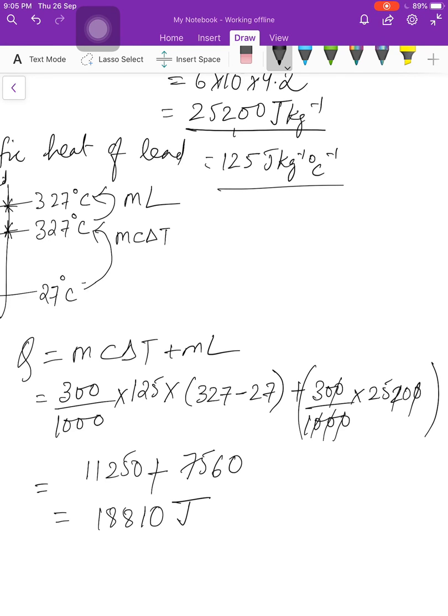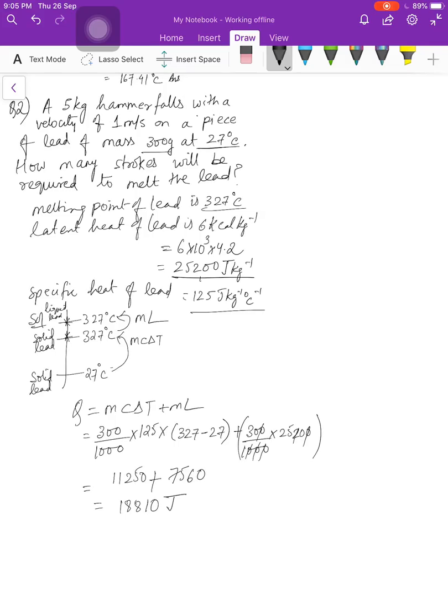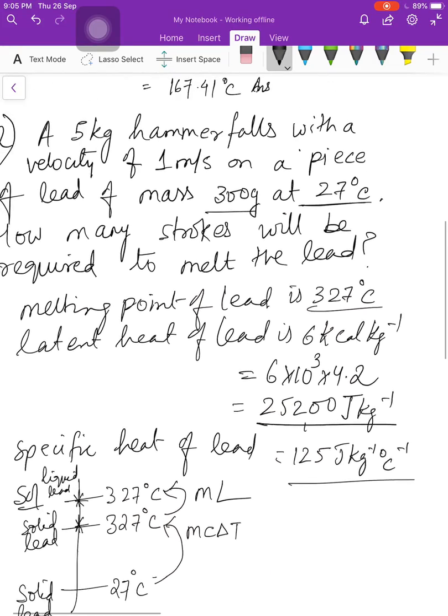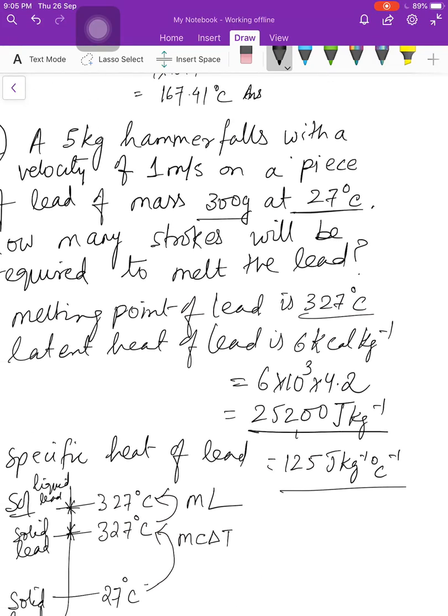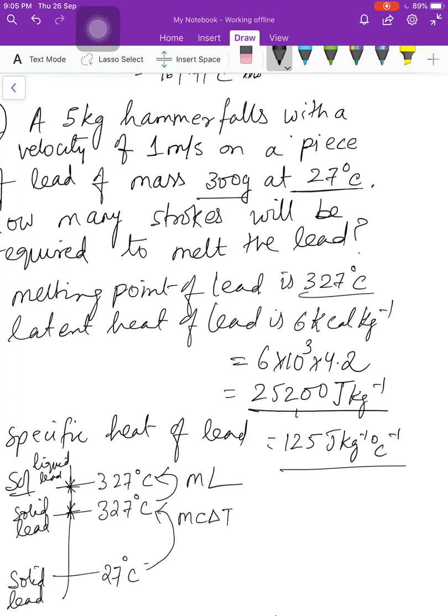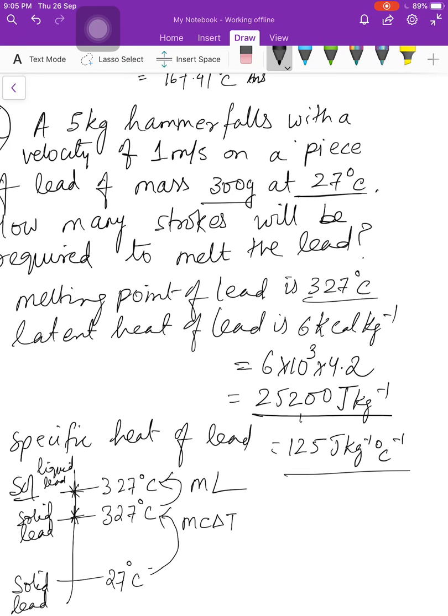From where will this heat come? Let us read the problem. The problem is saying that a 5 kg hammer is falling with velocity 1 meter per second on a piece of lead. So clearly the kinetic energy of the hammer is providing the heat energy.